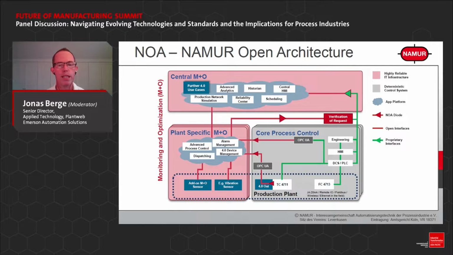In the pink part for monitoring and optimization, that's where you add on wireless sensors for vibration, corrosion, acoustic noise, and so on. And on the DCS side, you see the core technology there. Our key technology is OPC UA that enables data to come from the existing DCS to this new second layer of automation.